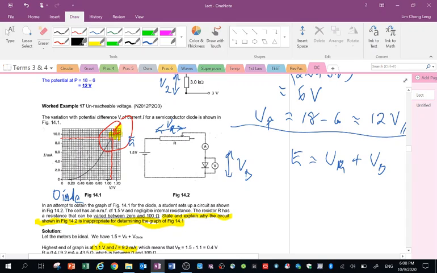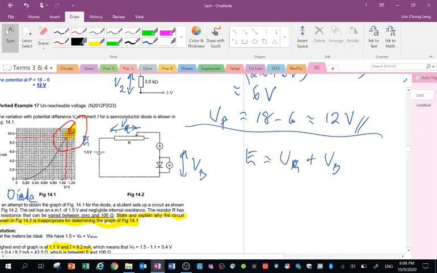That's the upper end. So if the PD is 1.1 volt, so what is the PD across the resistor? So if I write this as 1.5, the EMF, this one is what I want to find. And then according to the graph, the PD is 1.1, right?